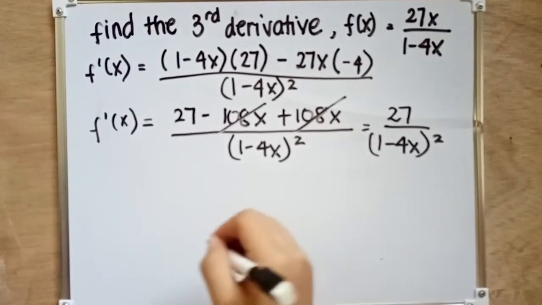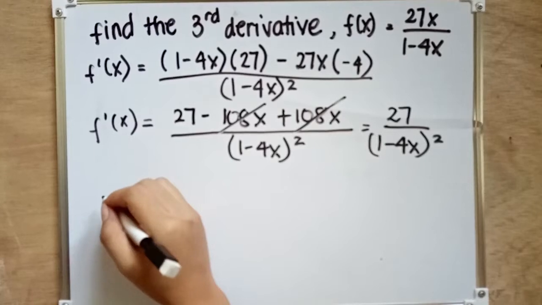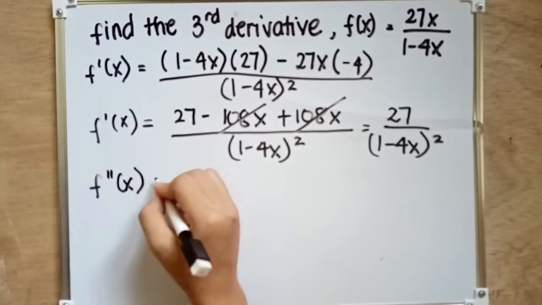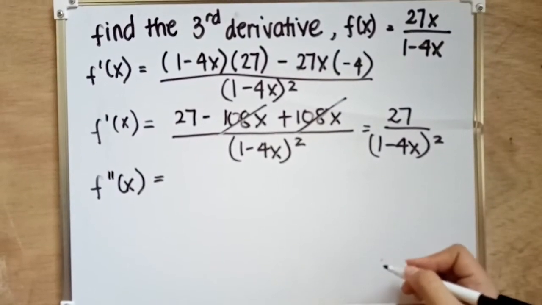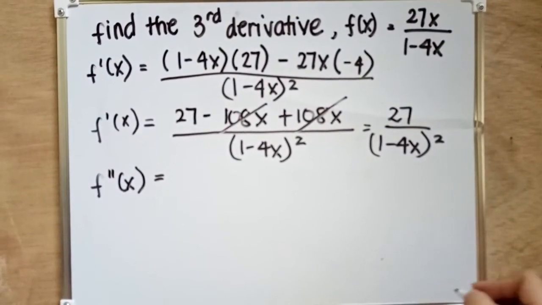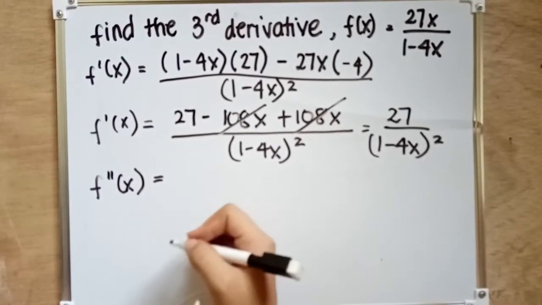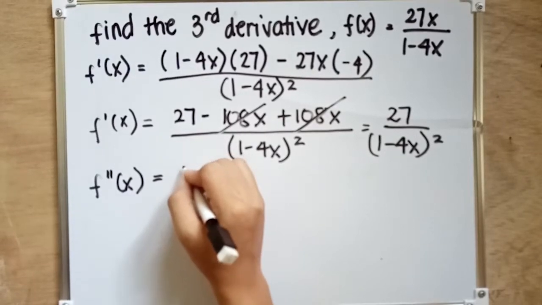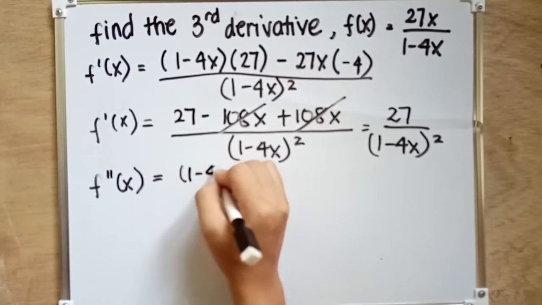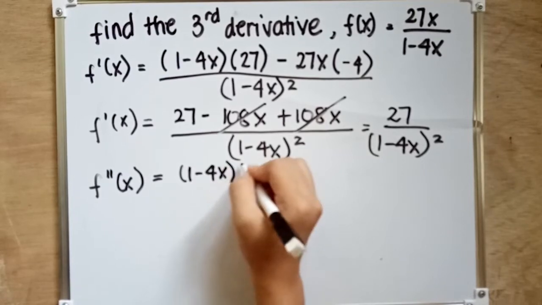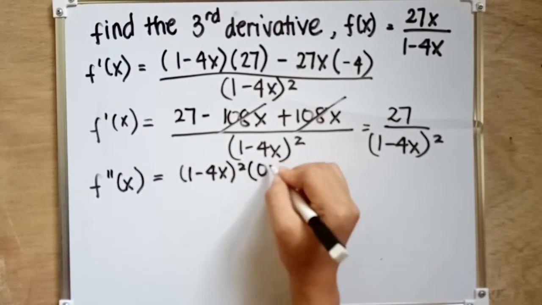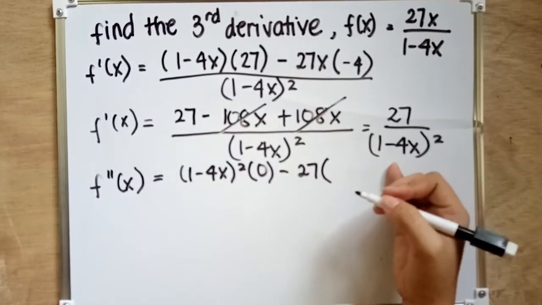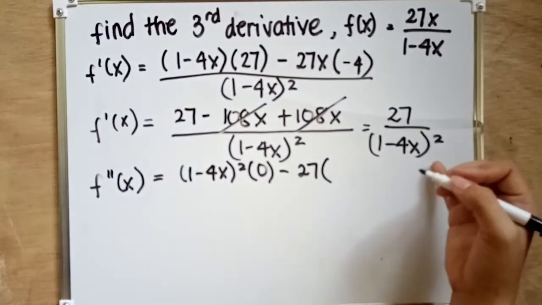Next is get the derivative of the first derivative. F double prime of x, the derivative of 27 over 1 minus 4x quantity squared. First apply the quotient rule. We get 1 minus 4x squared times the derivative of 27 is 0, minus 27 times the derivative of the 1 minus 4x quantity squared.